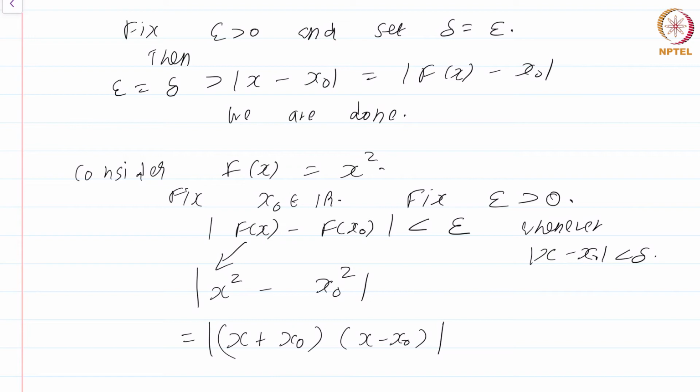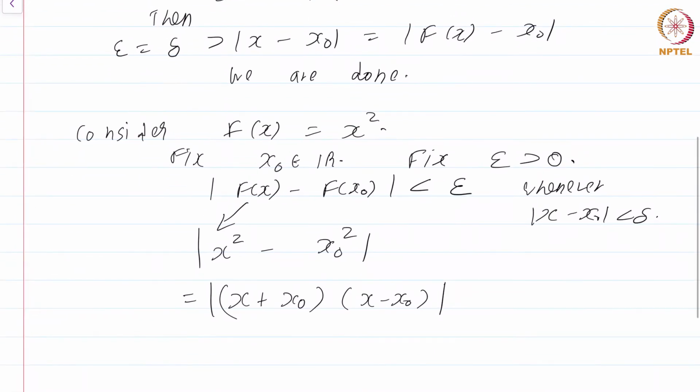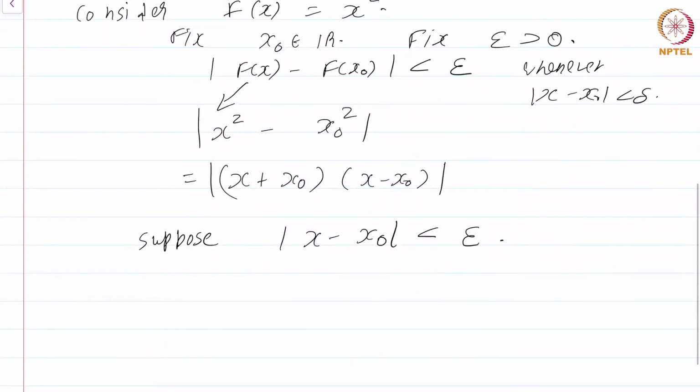Now suppose mod x minus x naught is less than epsilon.